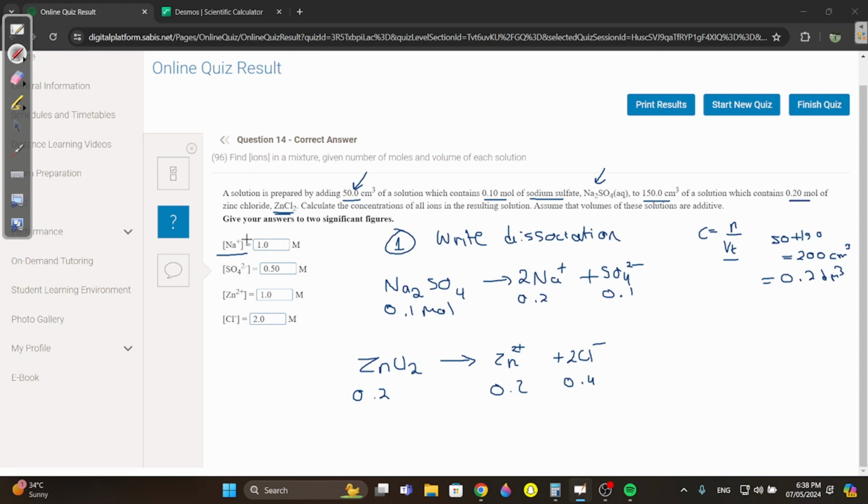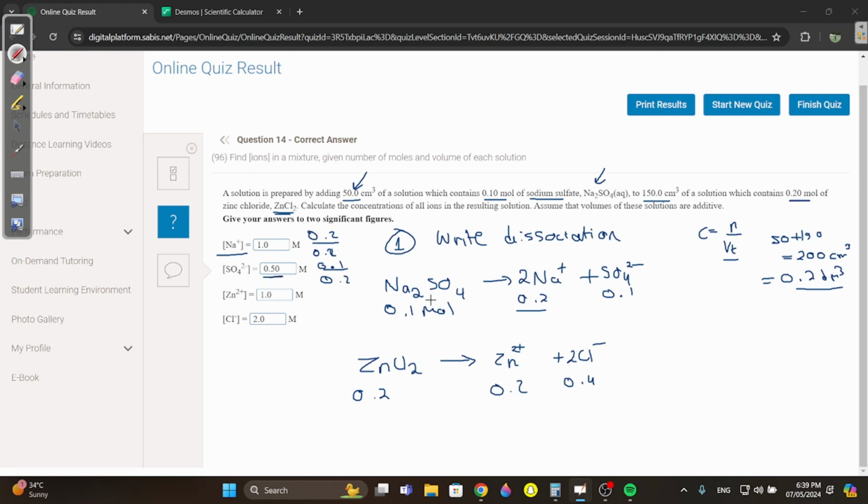The concentration of sodium will be the moles of sodium, which is 0.2, over the volume 0.2, and you get 1. Then for SO4 2 minus, it would be the moles of SO4, which is 0.1, over the total volume, which we said was 0.2, and you get 0.5. Obviously, two significant figures for everything.